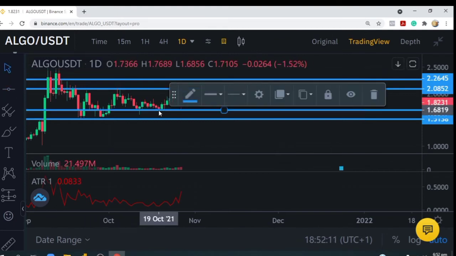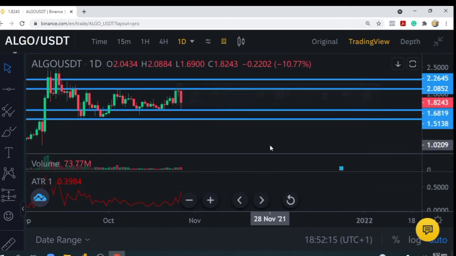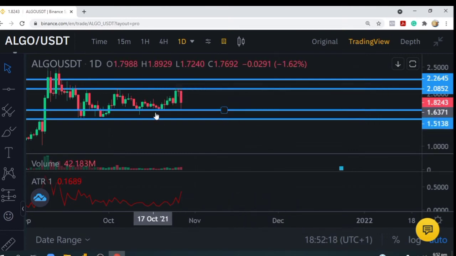So we can easily identify another area of support around here, because at this point buyers also stepped in to push the price of the asset up. So we can say that this point here is also another area of activity, and buyers are willing to buy either at this point or at this point to make sure that the price of the asset goes up.